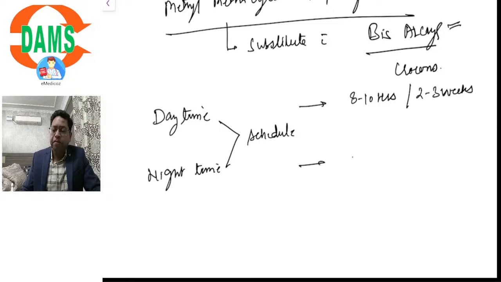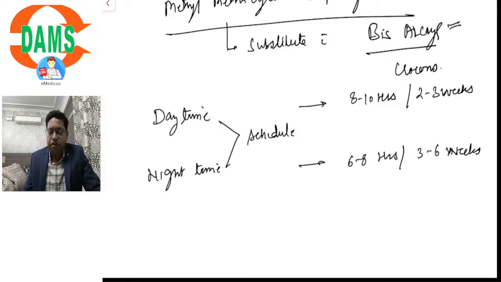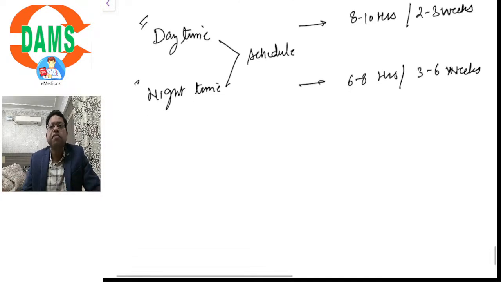Nighttime schedule means the patient would wear it for 6 to 8 hours for 3 to 6 weeks. Whatever schedule is convenient according to the patient's preference and professional engagement, you can choose either the daytime or the nighttime schedule. After that, the patient is recalled every week and we check for the improvement and accordingly make the adjustments. This is night guard vital bleaching.